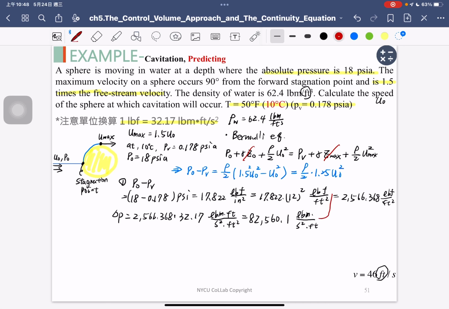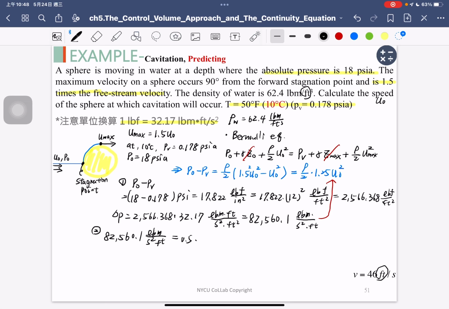Then I can put the delta P inside and go back to the equation. So the second step, we have 82560.1 pound mass per second square FT will equal half the density.